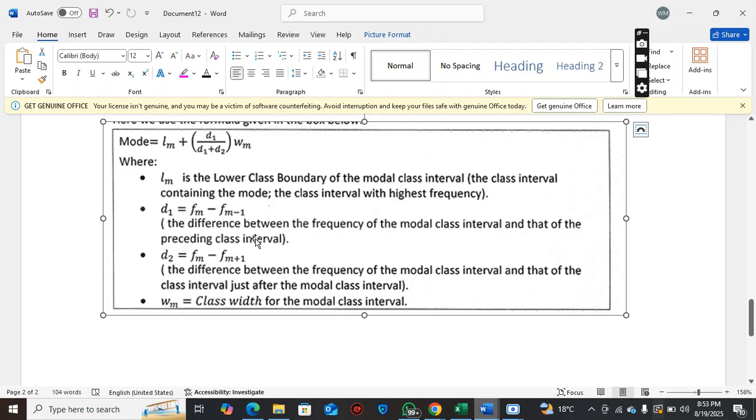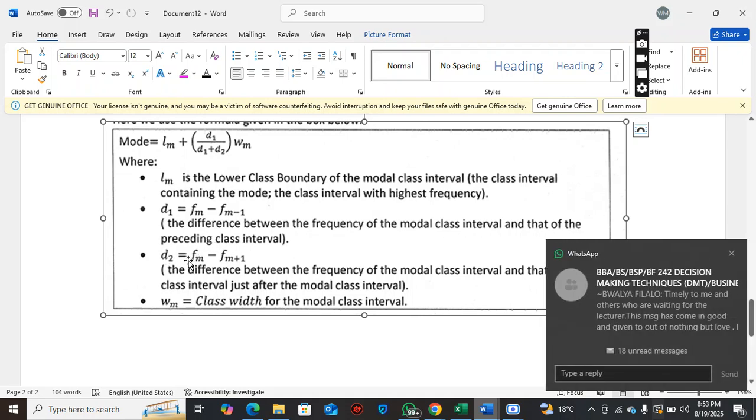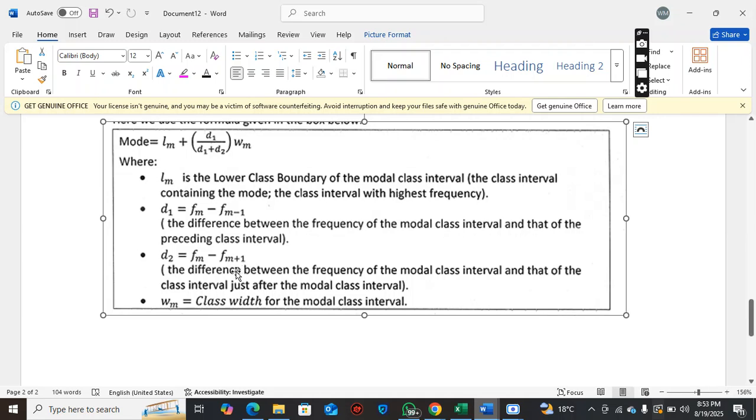So you subtract the frequency of the class before your modal class from the frequency of your modal class. Then D2, Fm minus Fm plus 1, is the difference of the frequency of your modal class and the frequency of the class after it. Then Wm is the class width.